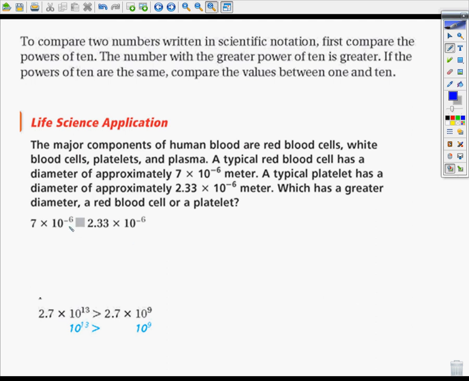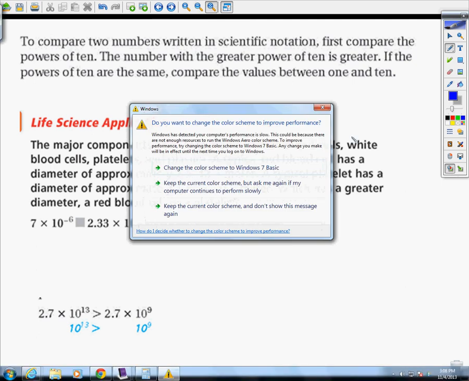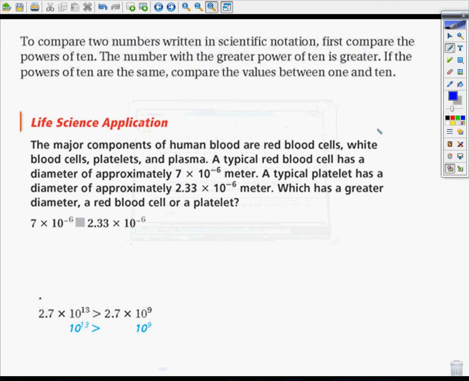So here, the major components of human blood are red blood cells, white blood cells, platelets, and plasma. A typical red blood cell has a diameter, which is all the way across the cell, of approximately 7 times 10 to the negative 6 meters. A typical platelet has a diameter of approximately 2.33 times 10 to the negative 6 meters.